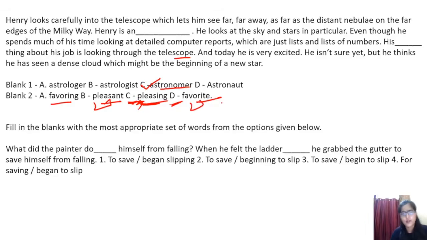Pleasing, no, not pleasant. But again, that's not even perfectly fitting in the gap, right? So the most probable word that should be here in the gap should be favorite. His favorite thing about his job is looking through the telescope.